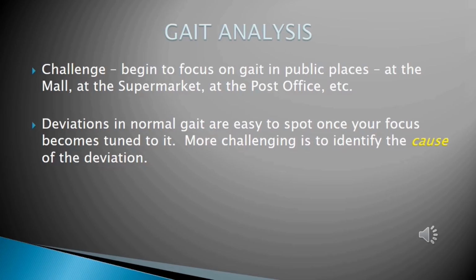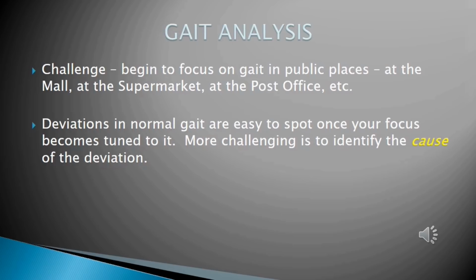So the challenge that I have for you is not to remember all of these findings, but to observe gait and simply to sharpen your focus of attention as to any disturbance that creates difficulty with gait, that creates an altered rhythm of the gait, or that creates unusual labor with the gait.